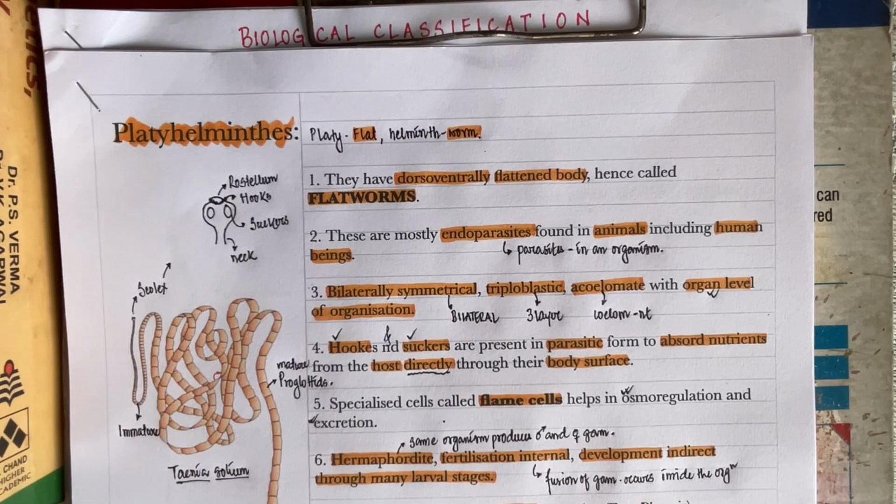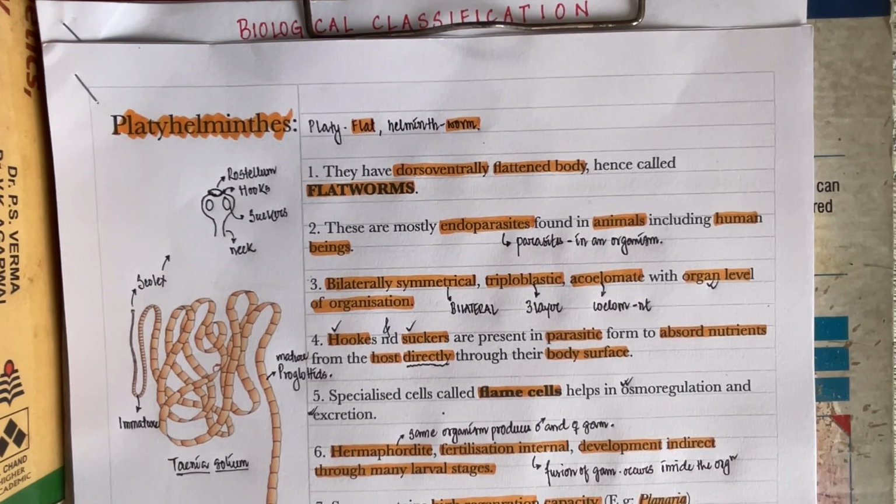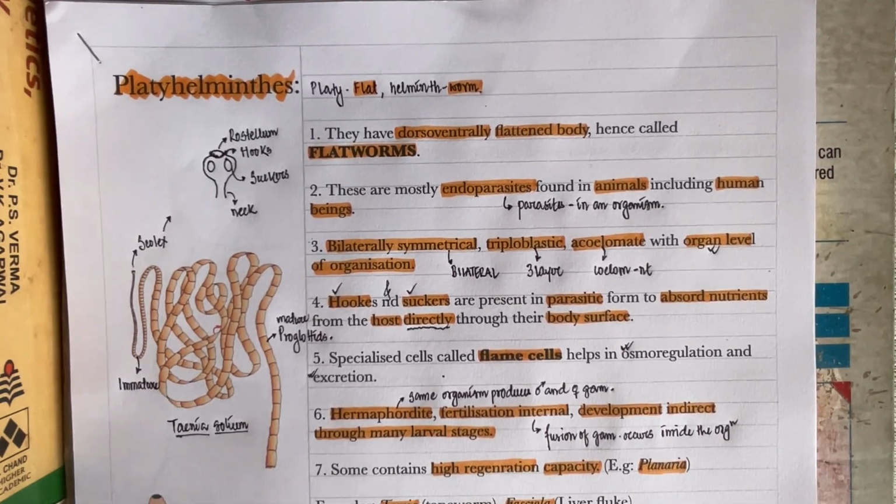So Platyhelminthes means flatworm. They are endoparasites. They are bilaterally symmetrical, triploblastic, acoelomate. They have organ level organization. They have hooks and suckers, through which they can absorb nutrition from the host. They have a specialized cell called flame cells, which helps in osmoregulation and excretion. They are hermaphrodite in nature.